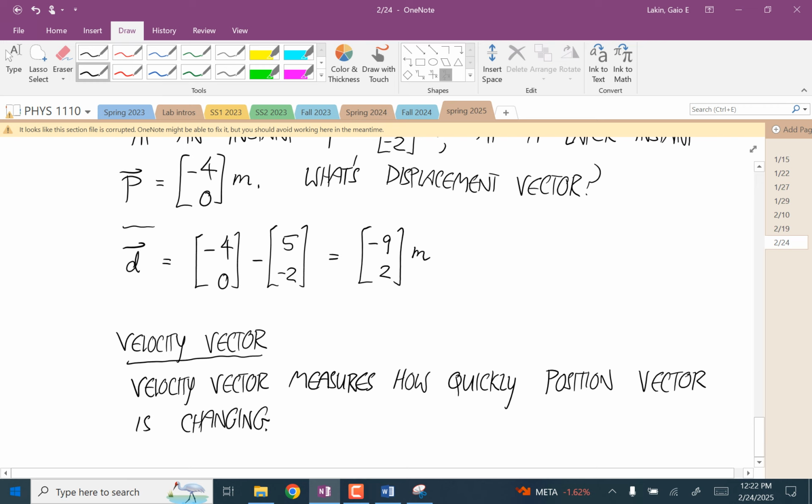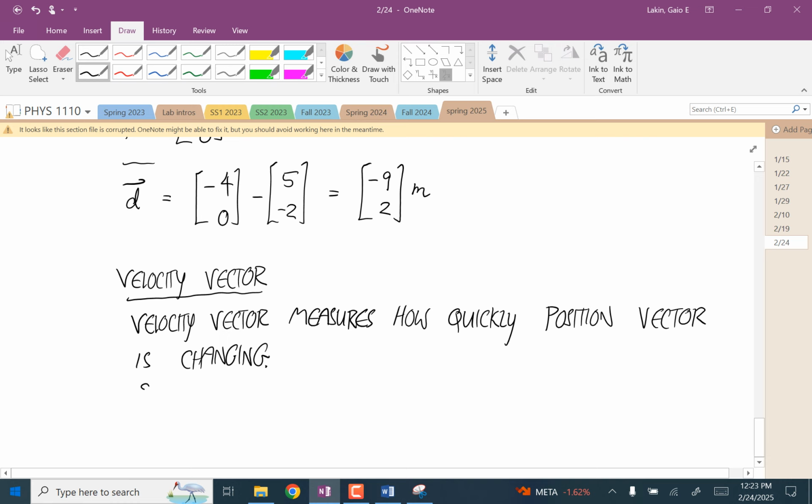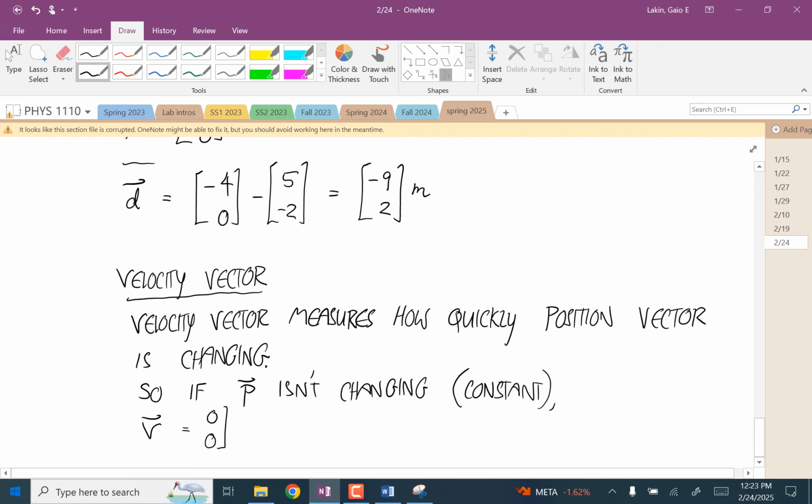And one consequence of that is if an object is staying in the same location, the velocity is 0. Okay, so if the position vector isn't changing, in other words, the position vector is constant, then the velocity vector is 0, 0.